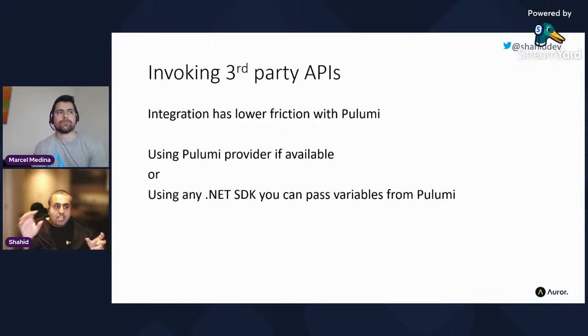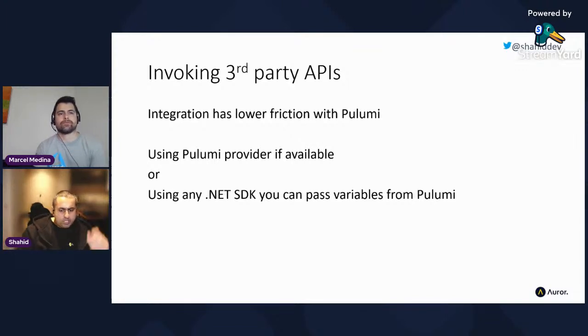And I can even take variables from Pulumi and pass them to that third party. That integration has a lot lower friction, and it's essentially more seamless, right? It's what you would expect to do in that situation. Take a variable, take the connection string or access key, and create another resource.